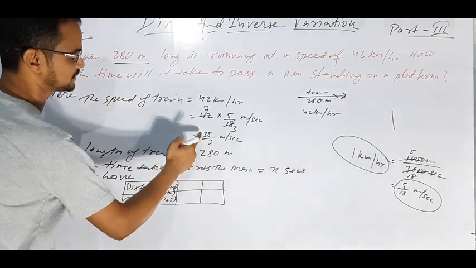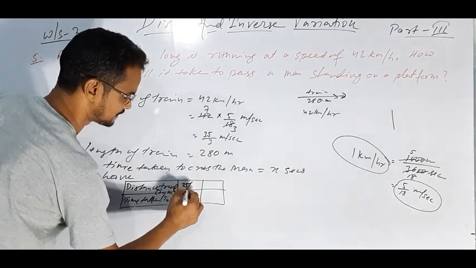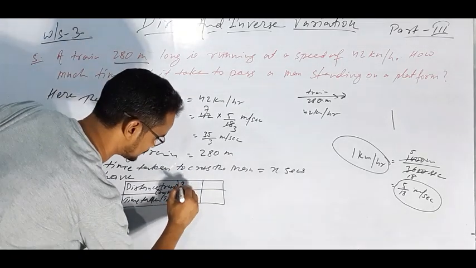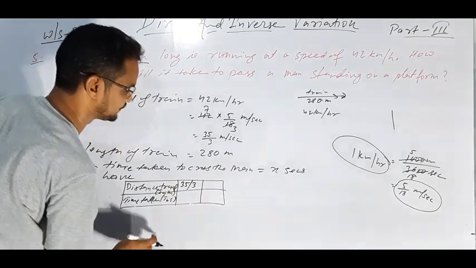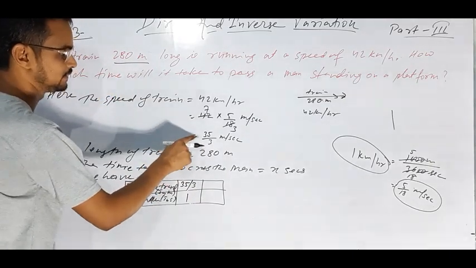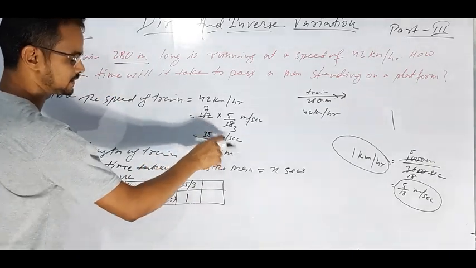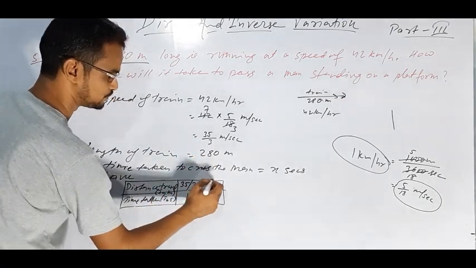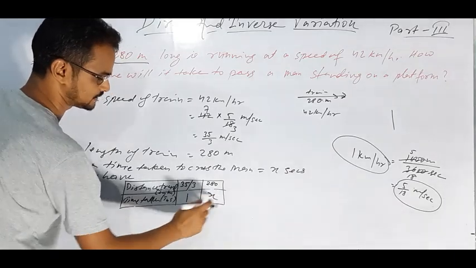The distance travelled is 35 by 3 in 1 second. As we have discussed, this train will travel 35 by 3 meter in 1 second, and the train will have to travel 280 meter to pass the man in x seconds.